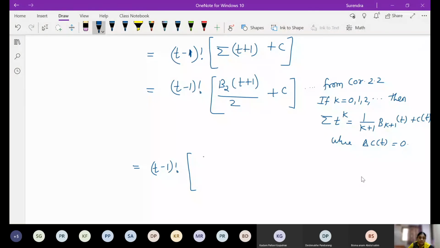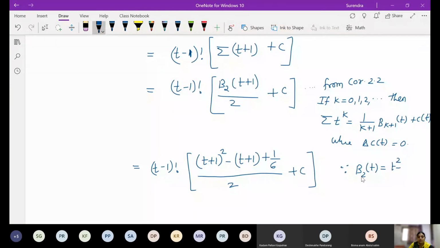So t plus 1 square minus t plus 1 plus 1 by 6 divided by 2 plus c. Since b2 t is nothing but t square minus t plus 1 by 6, I am just replacing t by t plus 1. So I get this.